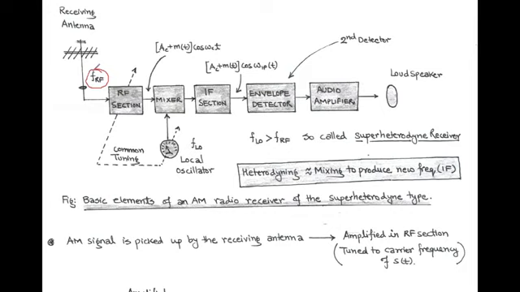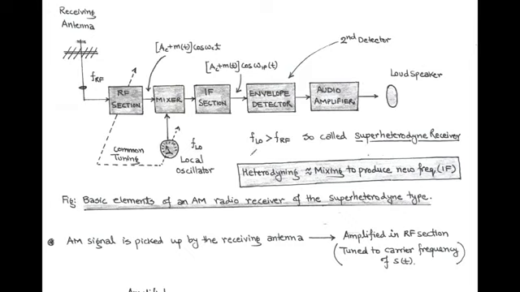This radio frequency is passed to the RF section for amplification. This RF section has a common tuning with the local oscillator that generates the locally generated frequency f_LO. The output of the RF section and the local oscillator frequency are given to the mixer. Here the frequency of the local oscillator is adjusted high with respect to the radio frequency, hence it is called a superheterodyne receiver.